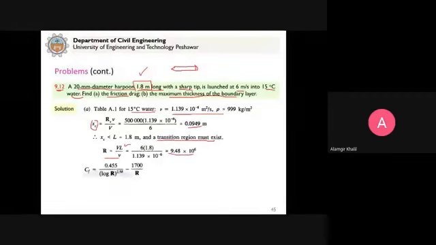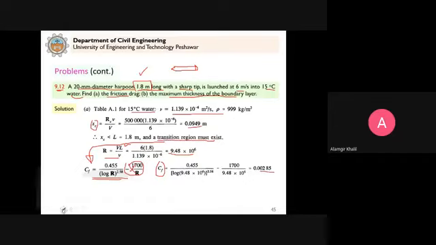And for the transition region, we use this equation here. This is what we studied for transition. We calculate the friction coefficient. Even if you use the Reynolds number and you skip this one, still you will get a value very close to this one. So if you use the turbulent flow equation, approximately you will get a very close answer.